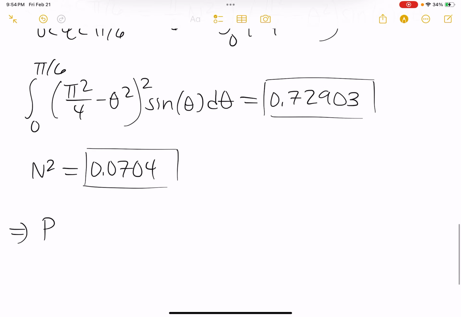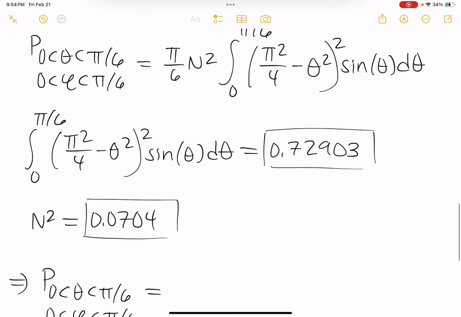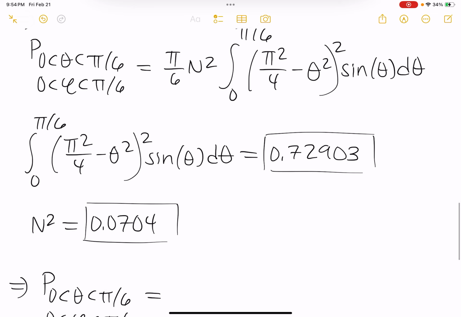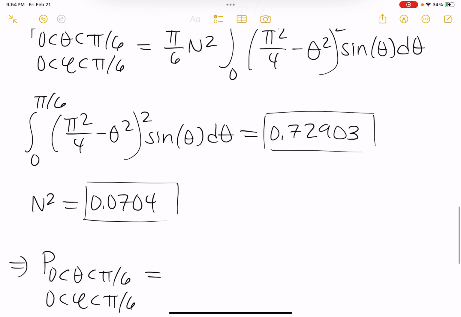The probability of measuring theta between 0 and pi over 6, and phi between 0 and pi over 6, was just pi over 6 times N squared times this integral, which we just found to be 0.72903.